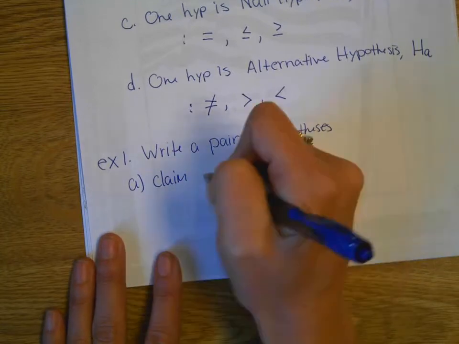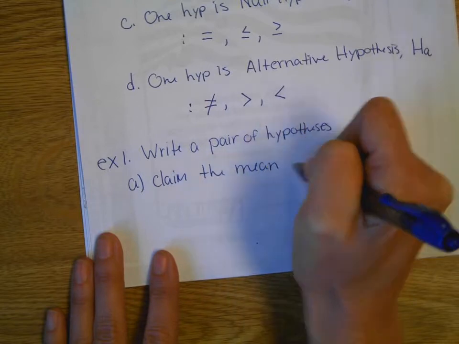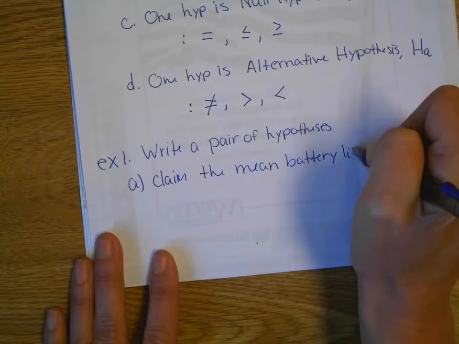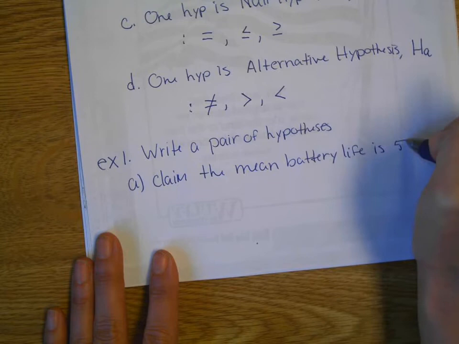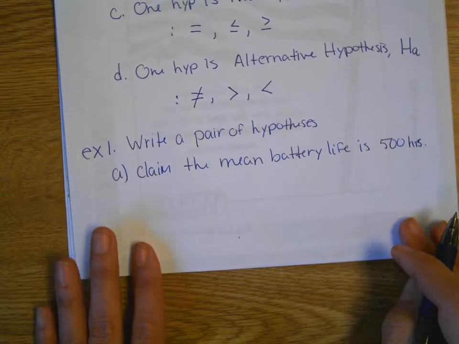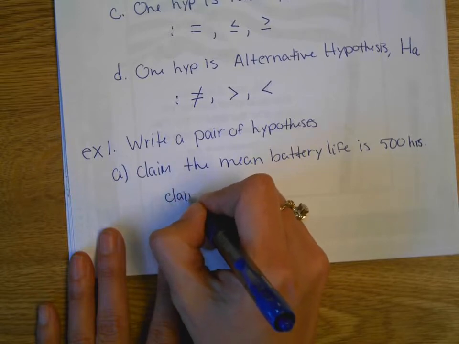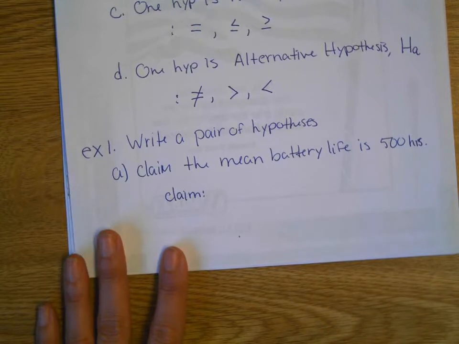And their claim is that the mean battery life is 500 hours. So we're going to identify our first hypothesis as the claim. And all of these claims are about population. They're claiming this about all of their batteries.